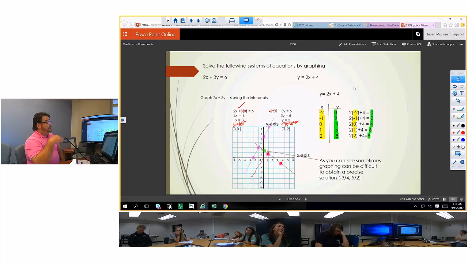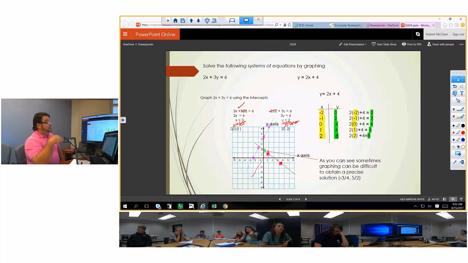Here's how you do it. Usually the quickest way is to use method 2, the intercept method. You're given 2x plus 3y is equal to 6. Since y is not by itself, you're going to use the intercept method. Plug in 0 for y, you get x is equal to 3.